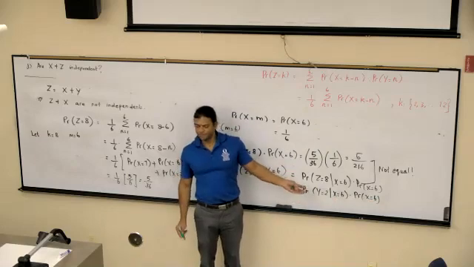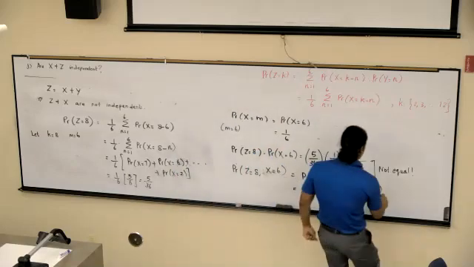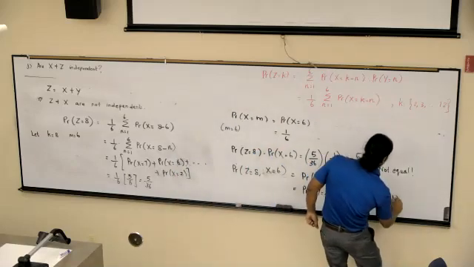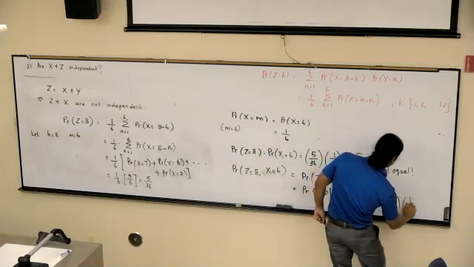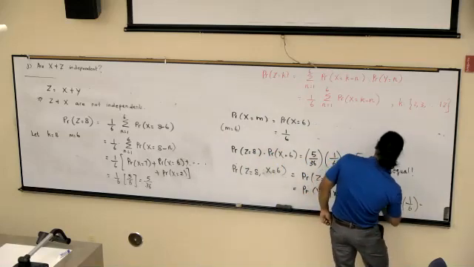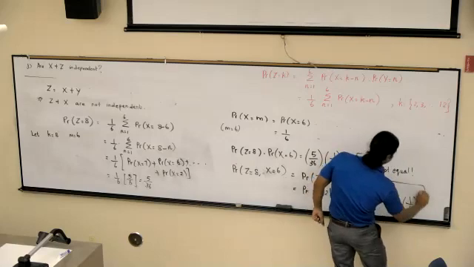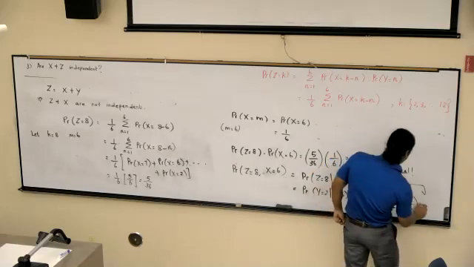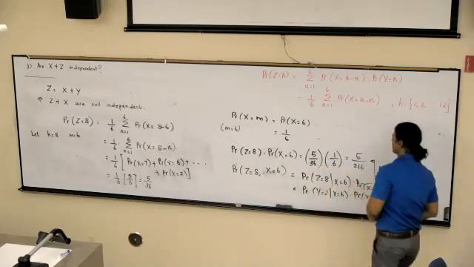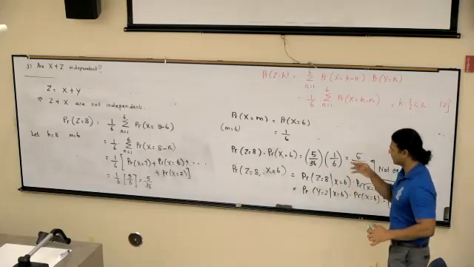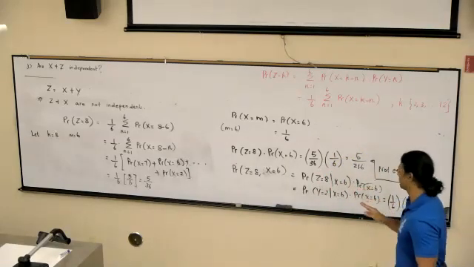The probability of y equals 2 is 1/6. Probability of x is equal to 6, 1/6. Still not equal. So z and y are not independent.